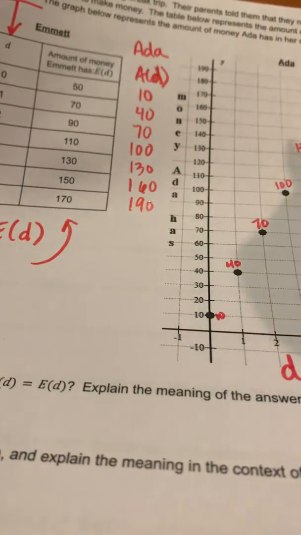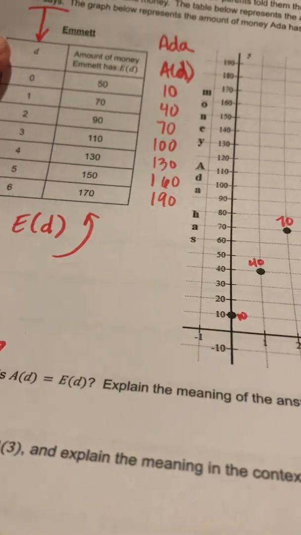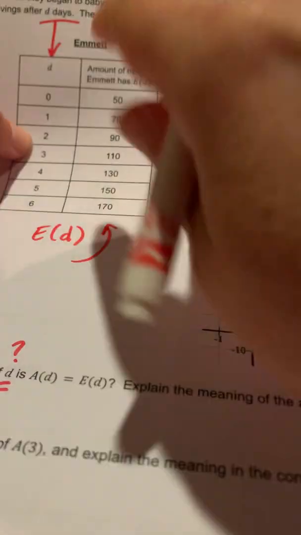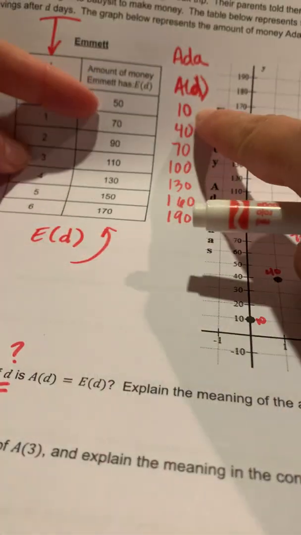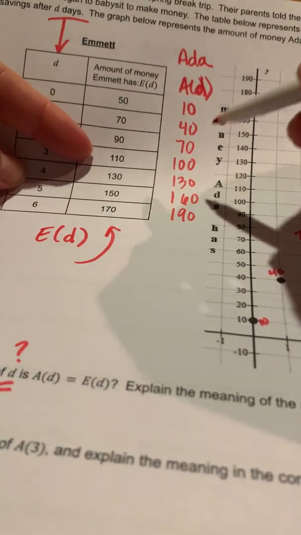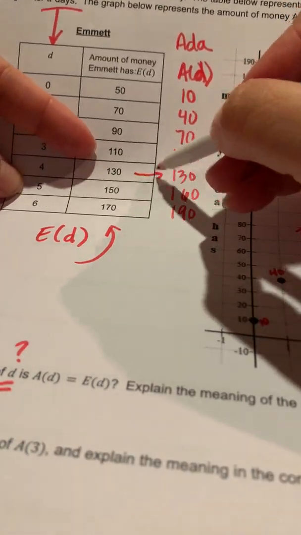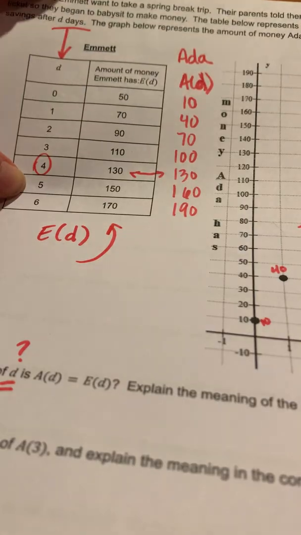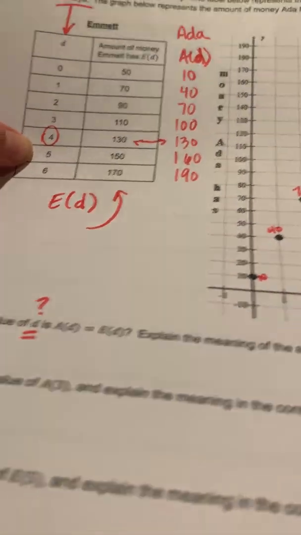Another, 190. There we go. However it's best for you to compare, you can figure out when these two are equal. So we're looking for when they are equal. Nope, nope, nope. Almost. These two are exactly the same. So we're wondering how many days that is.